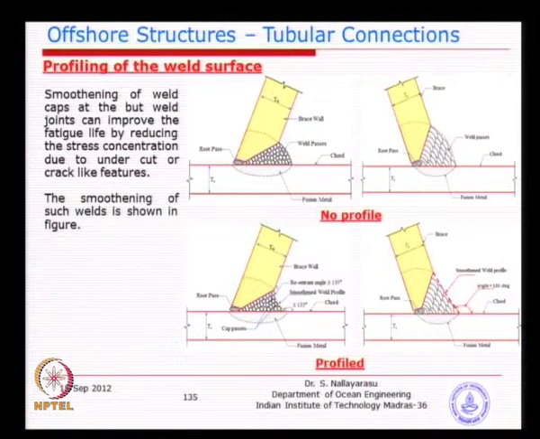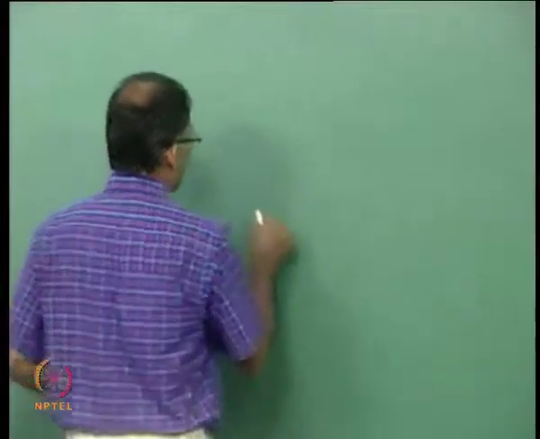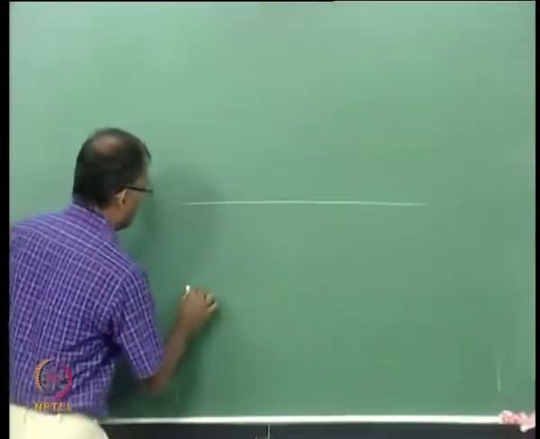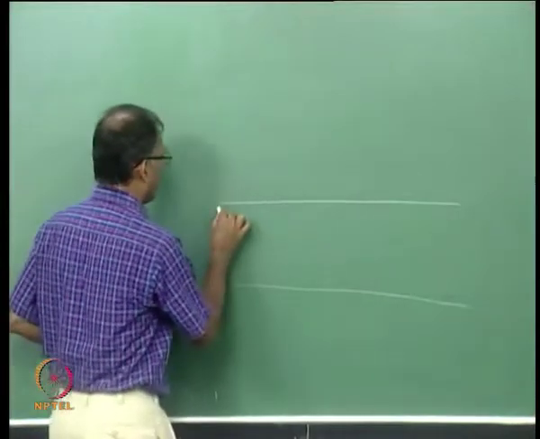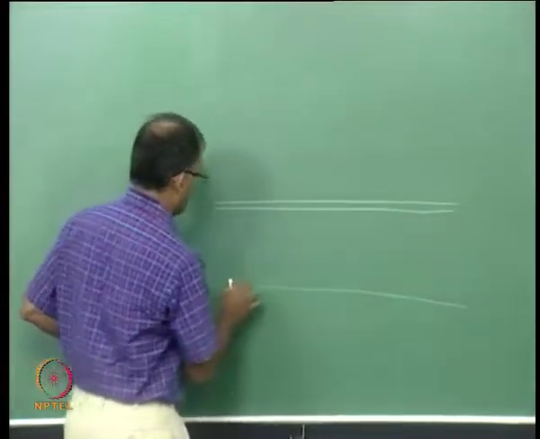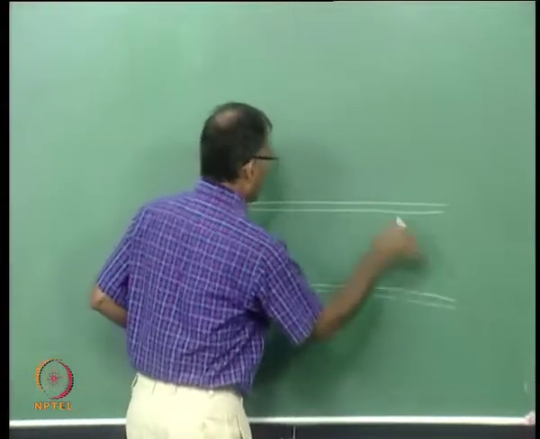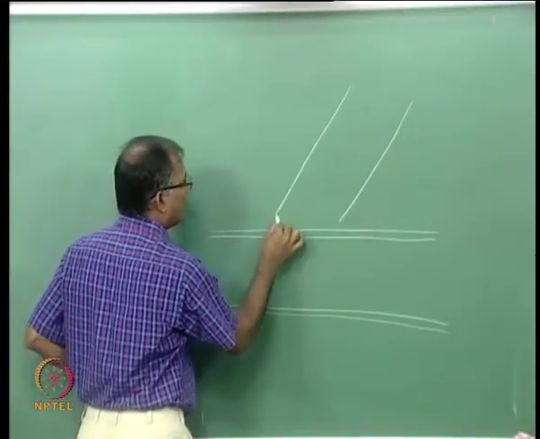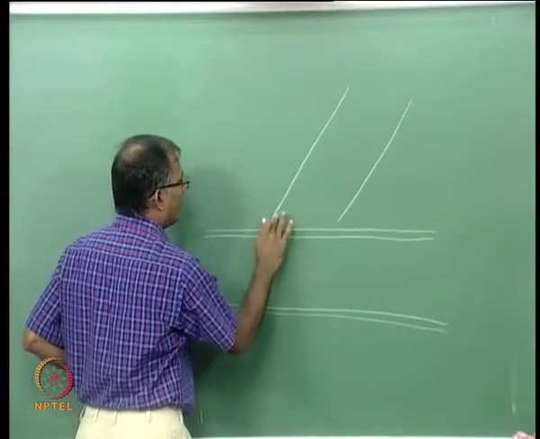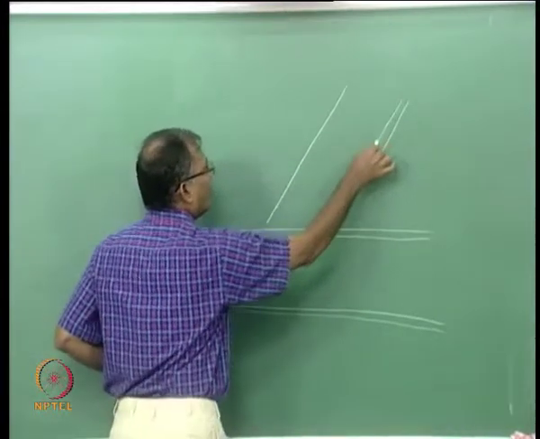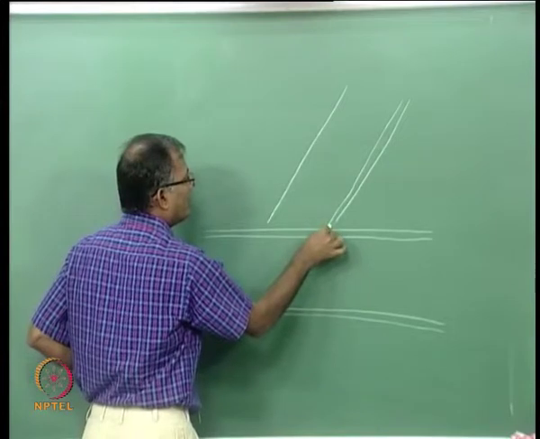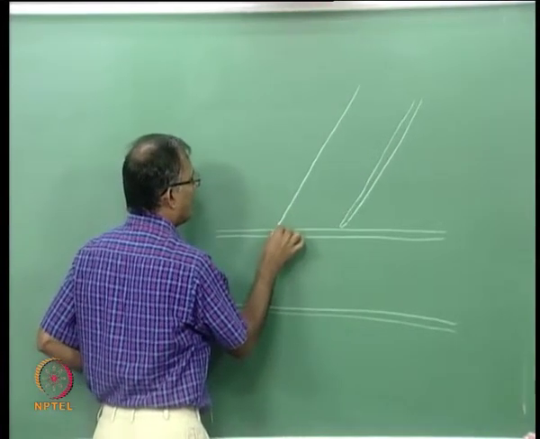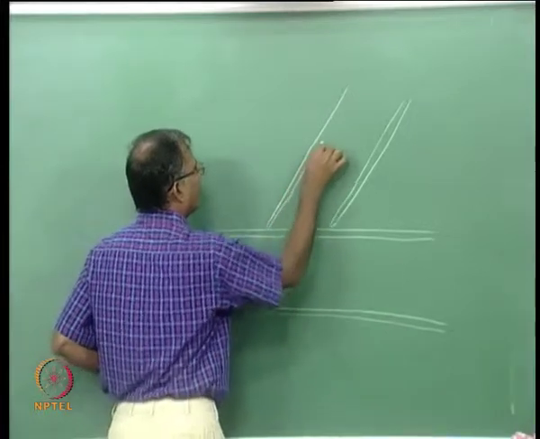So, basically both the situations, you can see, first this particular connection where the angle of the wall thickness, this is just part of the thickness. So, if I draw a picture, it is something like this in a larger view. If I have a brace connection something like this, maybe just exaggerate, something like this.